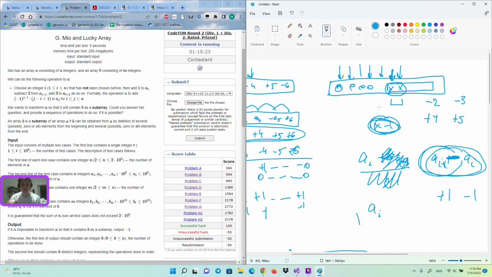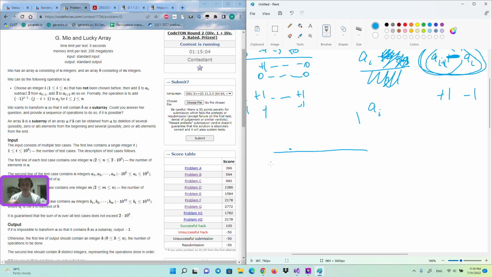What is the second constraint? The second constraint comes from A_i. It should be equal to something. So we have pairs of numbers. Pairs of numbers look like this: 0, 1, for example.